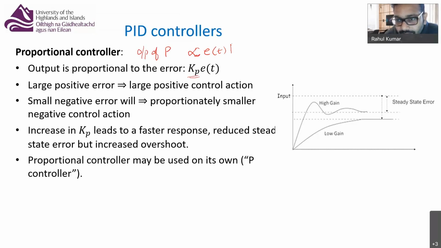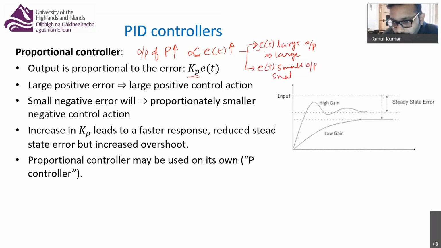Now if the error signal is large, the output of the proportional controller will also be large. If E of t is large, the output is large, right? If E of t, the error, is small, then the output is also very small.